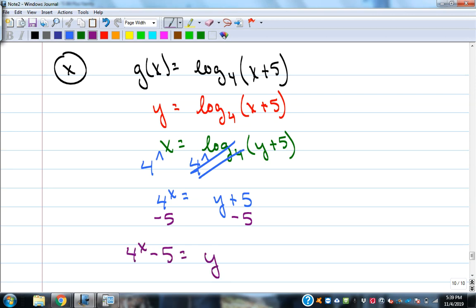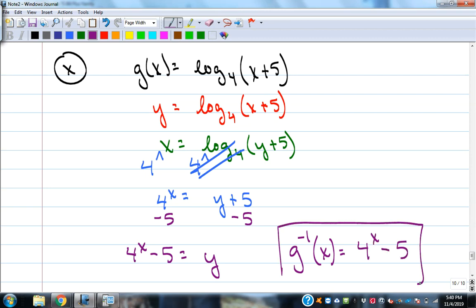Go to the inverse notation, which is g to the negative 1 power, or g inverse of x is equal to 4 to the x minus 5. Really one of the easier things that we've done this evening. Undoing the logarithm using an exponentiation is the mathematical term for it. So let's do one more of those, and then we'll be done.